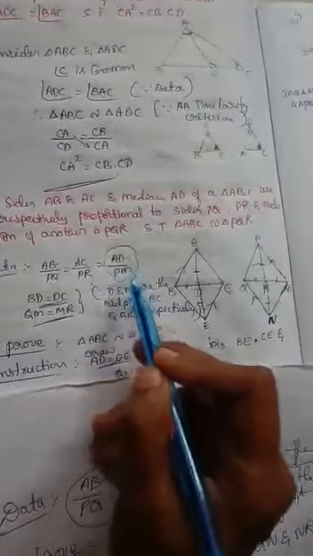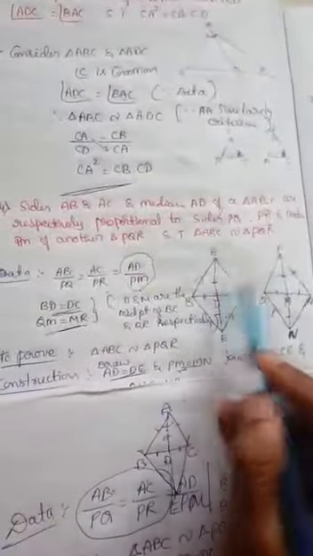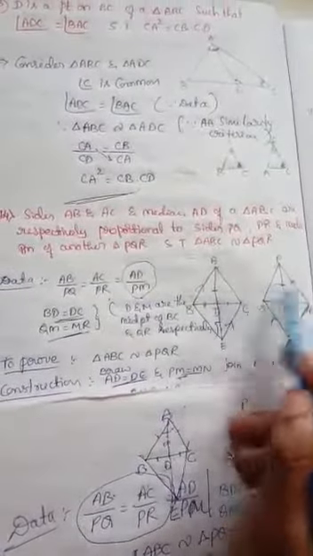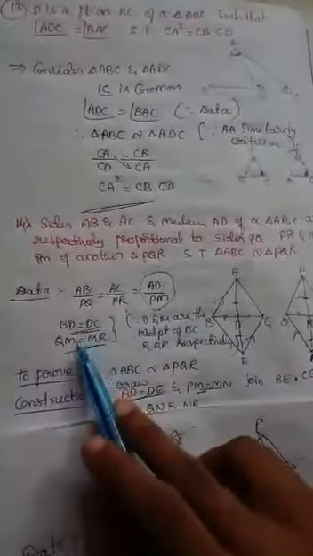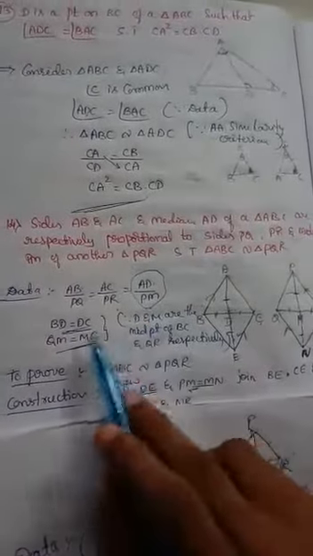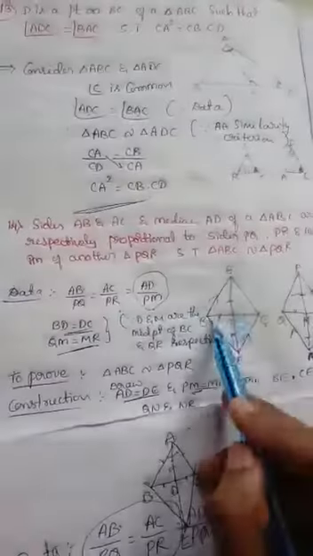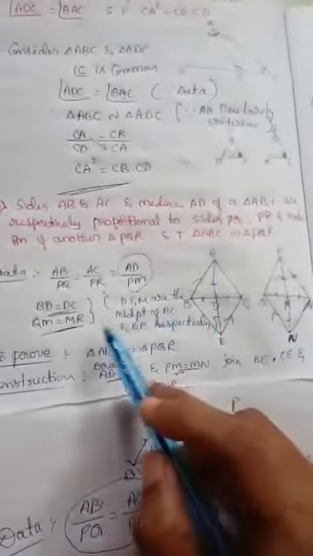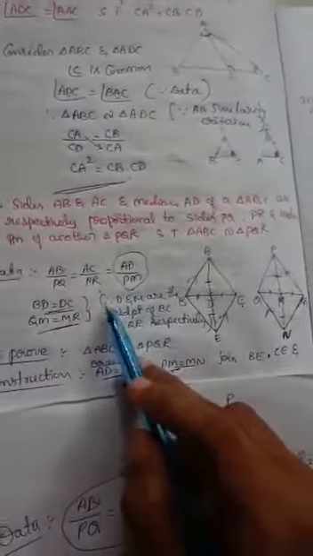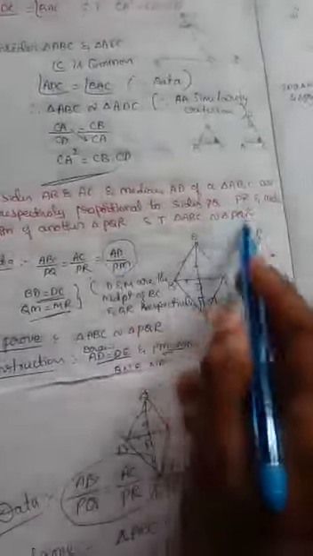Data: AB by PQ is equal to AC by PR is equal to AD by PM. These are proportional in the triangles. Also D and M are the midpoints of BC and QR respectively, so BD is equal to DC and QM is equal to MR. To prove: triangles ABC and PQR are similar.